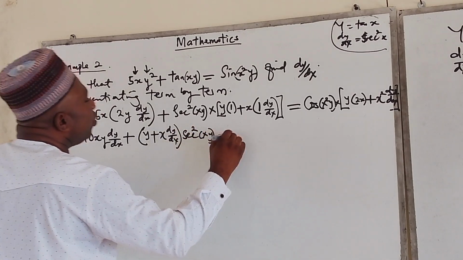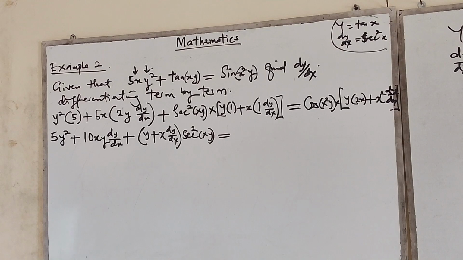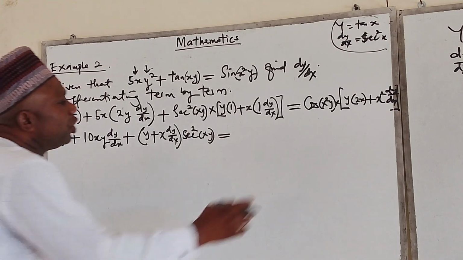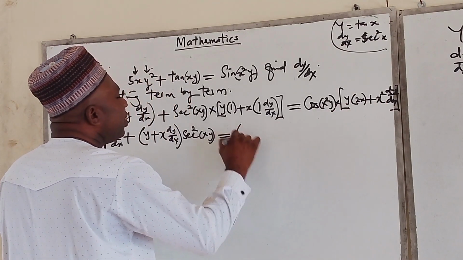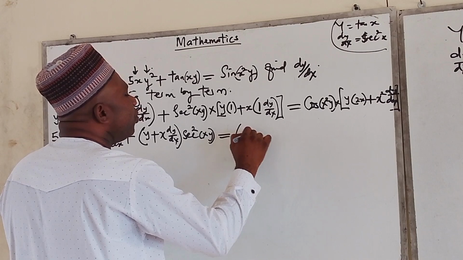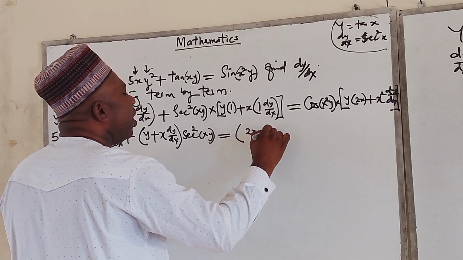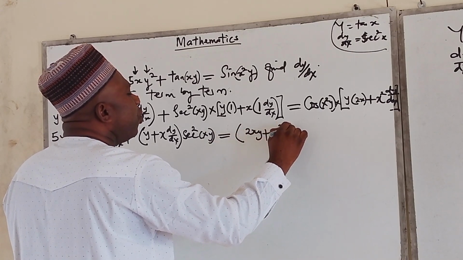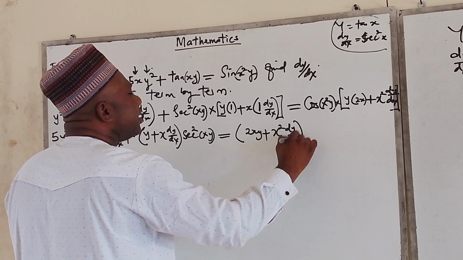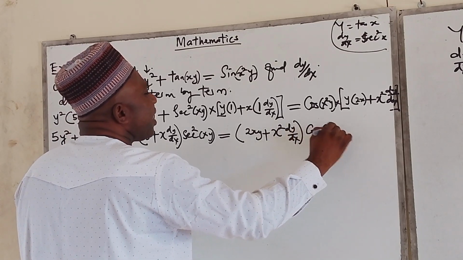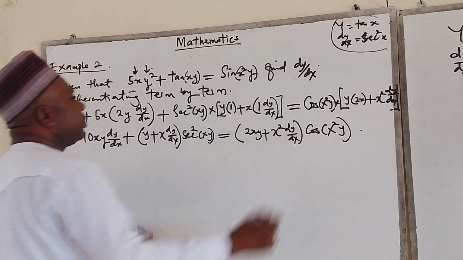Now the whole of this will be equal to, this times this, you have 2xy plus x squared dy over dx, times cos x squared y.